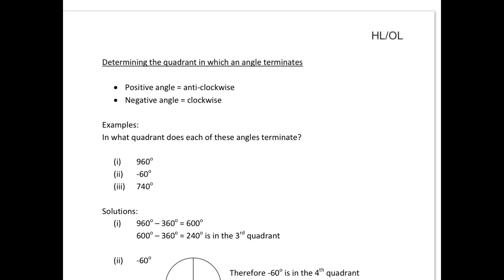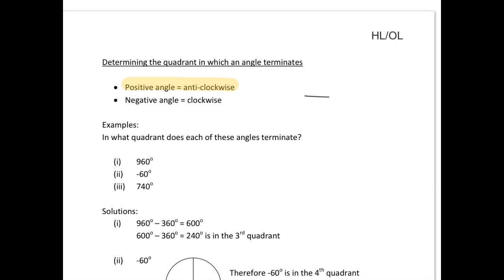So before we talk about the unit circle and how we go about solving trigonometric expressions and equations, we need to talk a little bit first about how we determine what quadrant an angle terminates in. So the first thing to keep in mind here is that whenever we talk about a positive angle, we mean an anti-clockwise rotation.